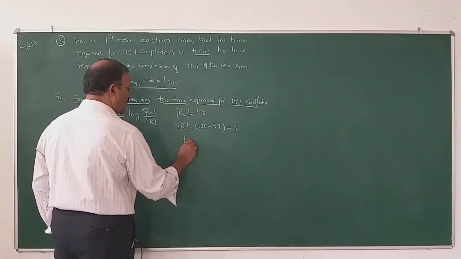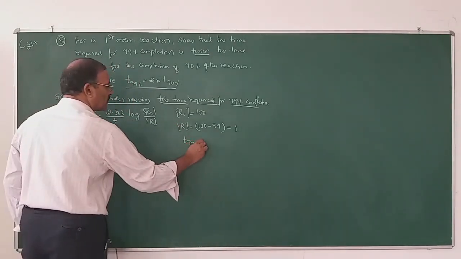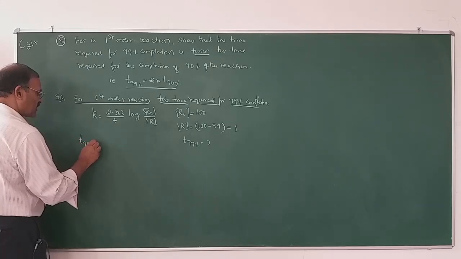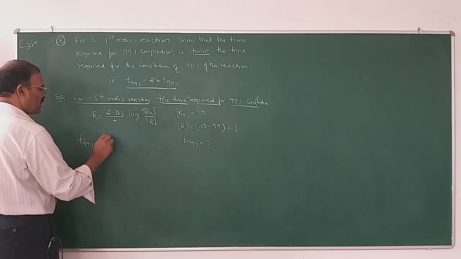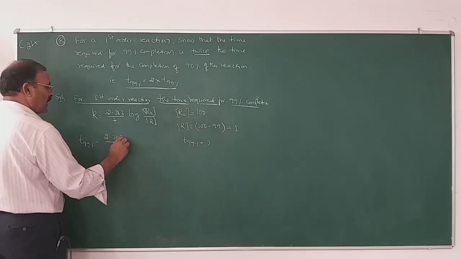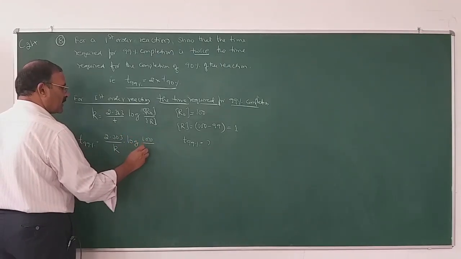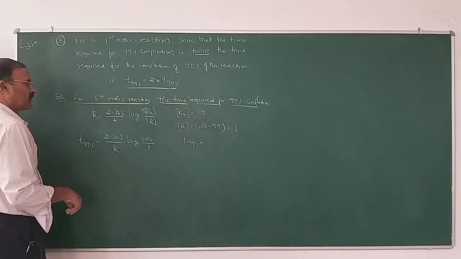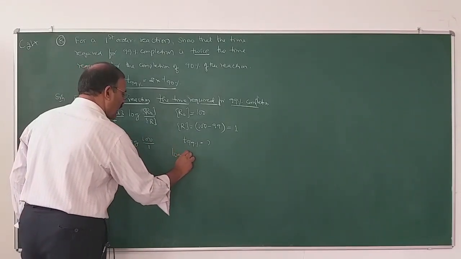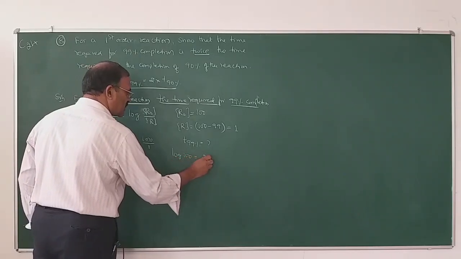Then we have to calculate T 99%. So T 99% equals 2.303 divided by K into log of 100 divided by 1. The logarithmic value of 100: it is a 3-digit number, so the characteristic is 2.